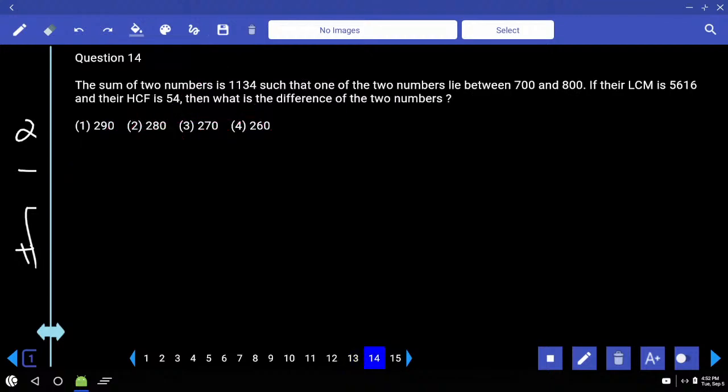The sum of two numbers is 1134, such that one of the two numbers lies between 700 and 800. If their LCM is 5616 and their HCF is 54, what is the difference between the two numbers?